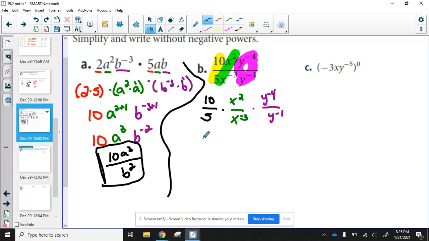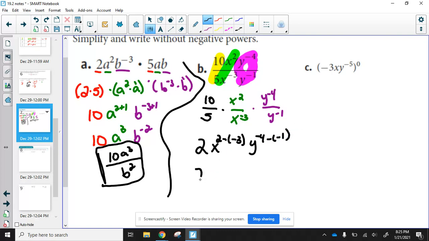So we can start here at 10 divided by 5. That is 2. X squared divided by x to the negative 3. Again, we know we leave x as our like base, and we do the exponent in the numerator subtracted by the exponent in the denominator. So we get 2 minus negative 3. And then for y's, we get y as our like base, so we leave y. We have negative 4 subtracted by negative 1.